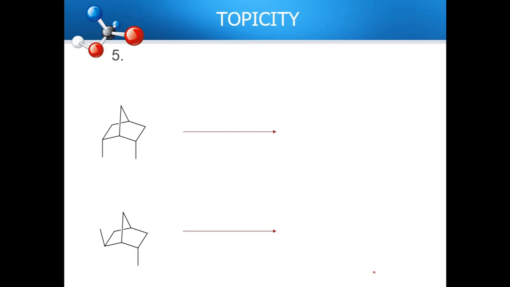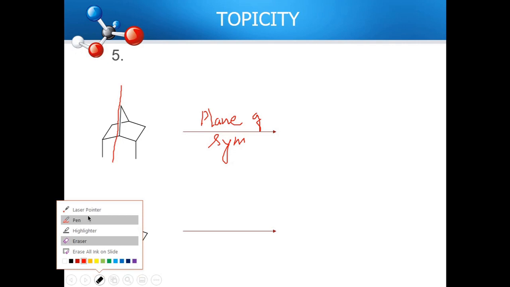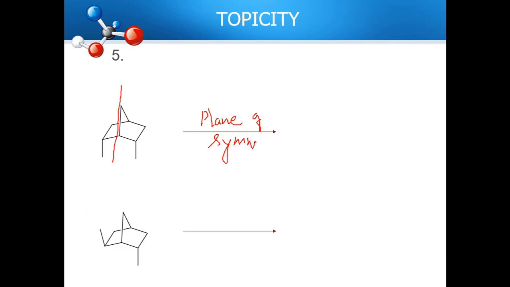Let us take this molecule. So this molecule has a plane of symmetry over here. So this is a cis isomer. So we have a plane of symmetry.